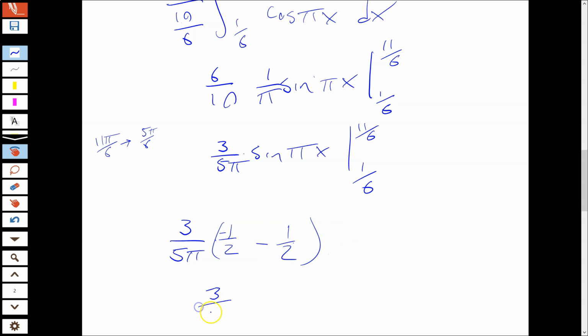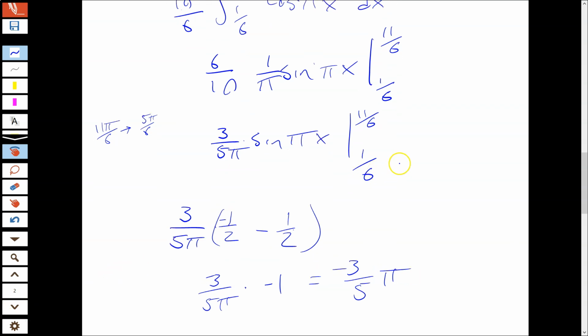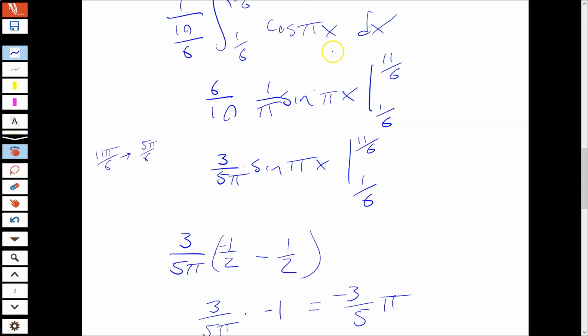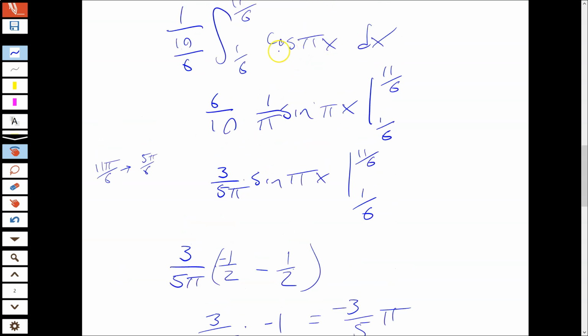So we get negative 3/5 pi. So that is the average value of a trig function. Remember, the integral rules come from your derivatives reference, and when I evaluated, we were using the unit circle there.